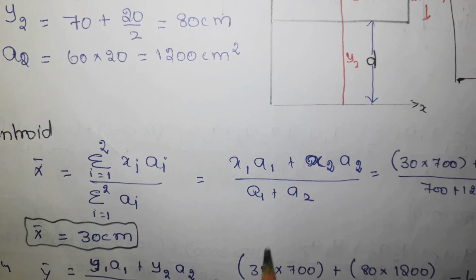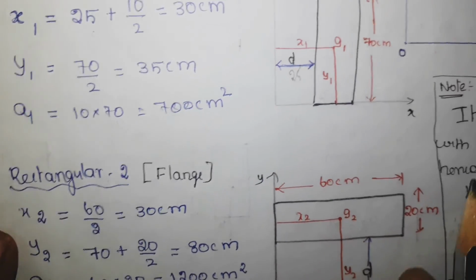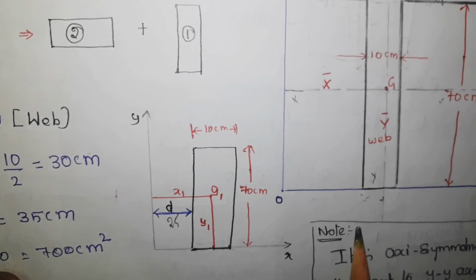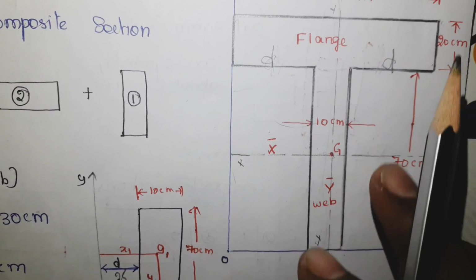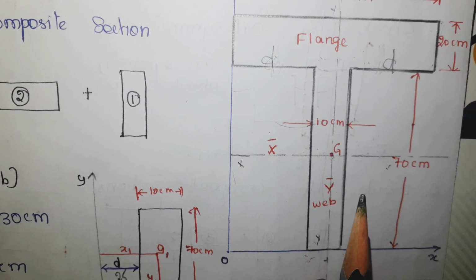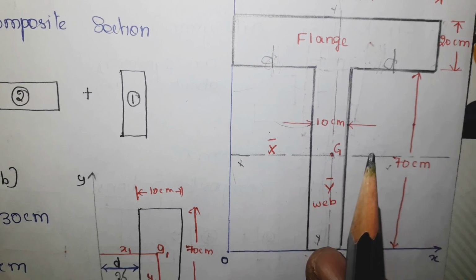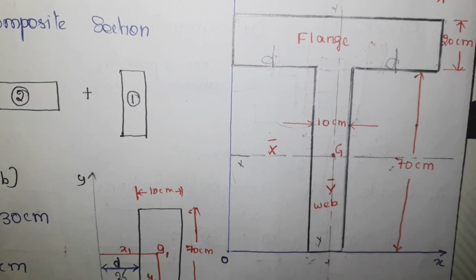Now I am going to summarize. First, before solving the problem, check whether the given object is axis symmetric or not. If it is, you can get the answer x bar, y bar directly.